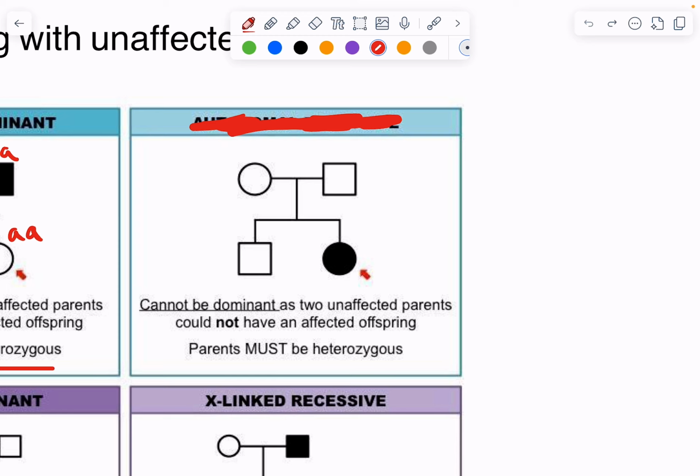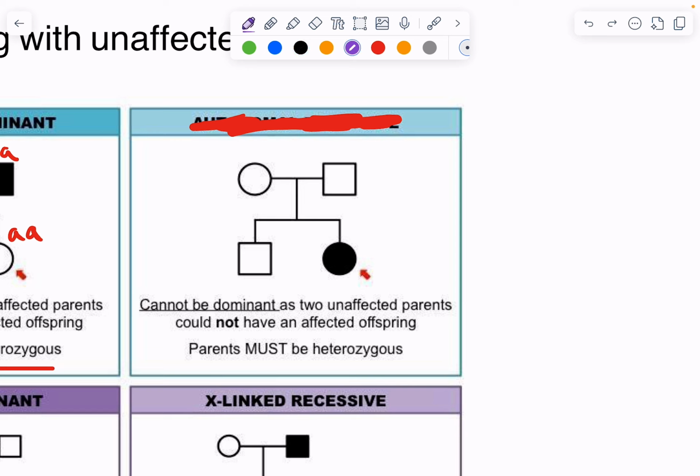If we thought the shaded one was dominant, we can see pretty quickly where would that come from? Because if any of the parents had a dominant allele, which they need because it has to come from mom or dad, they would be shaded in. We would need one of these to be shaded in to pass on that dominant phenotype. But the fact that neither of them are should be telling us.